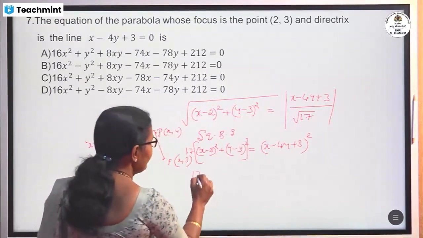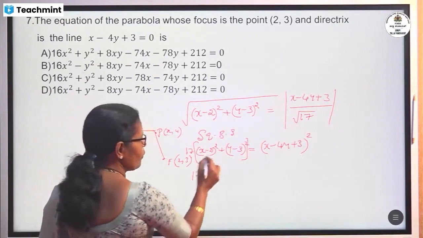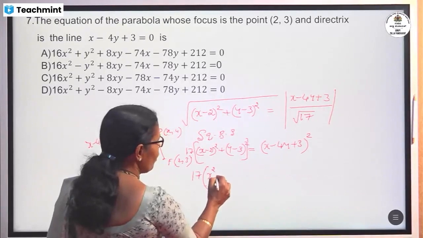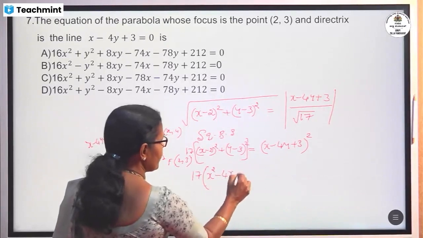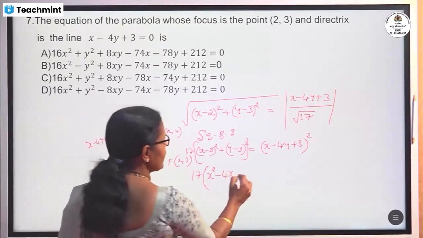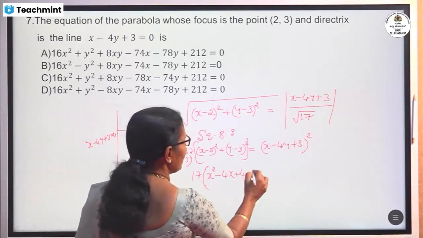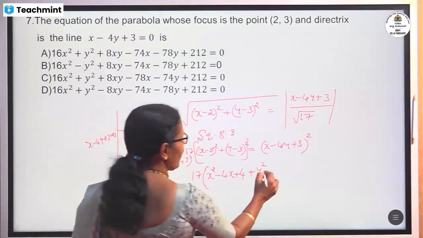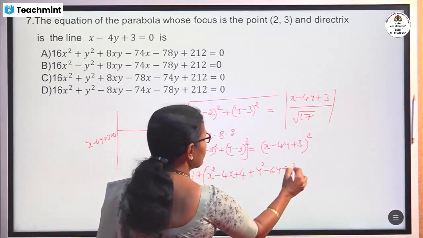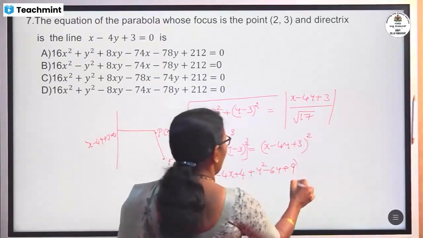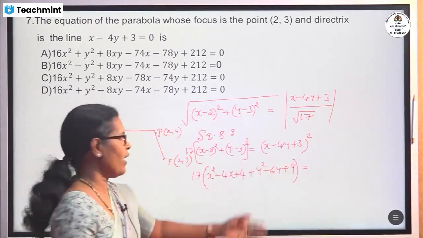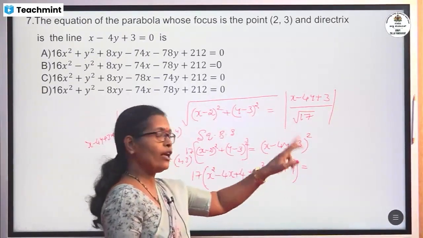Now 17 into, here we have to use the identity a minus b whole square, a square minus 2ab plus b square, that is x square minus 4x plus 4 plus y square minus 6y plus 9, equal to, in the right hand side we have to use the formula a plus b plus c whole square.